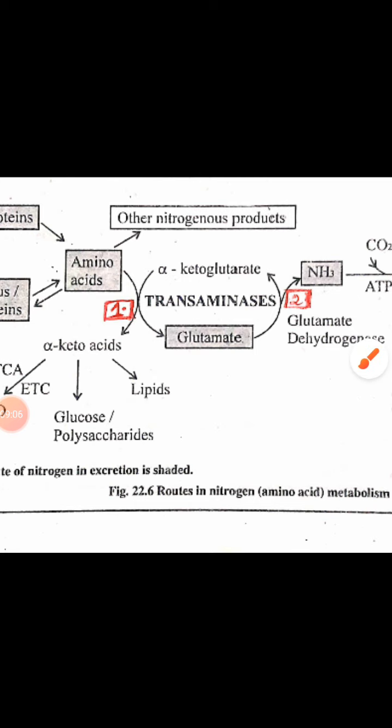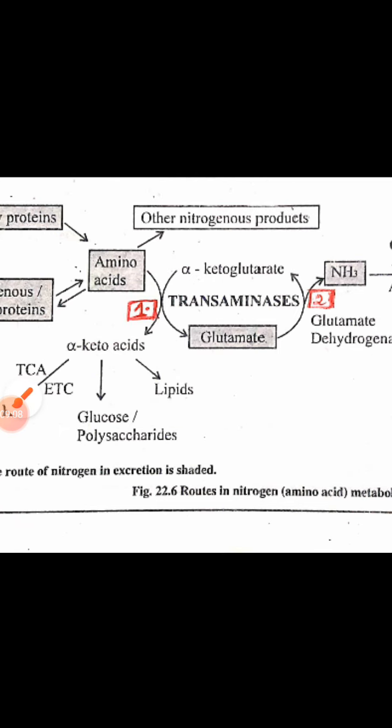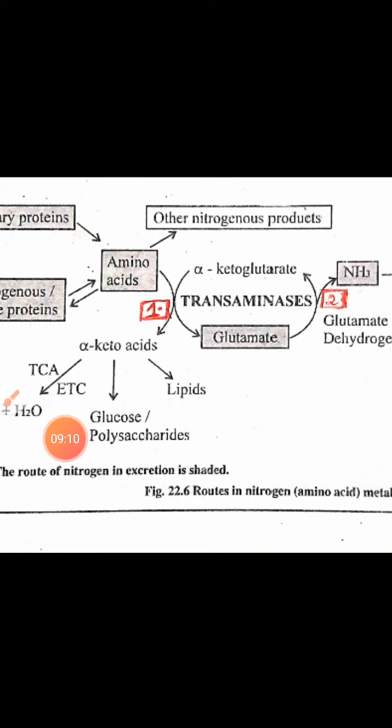Here the alpha amino group, which is present in the amino acid, is reversibly transferred to an alpha keto acid by transaminase enzymes. Hence it is known as transamination.